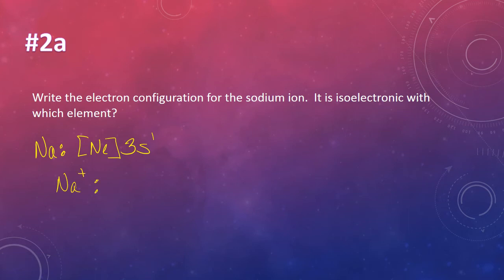Gain or lose? Yep, it lost an electron, so that's the one that's got to go. That valence electron is out of there. So there's the electron configuration for the sodium ion. Now we've got to find anyone that's isoelectronic with this guy. Well, magnesium would work.